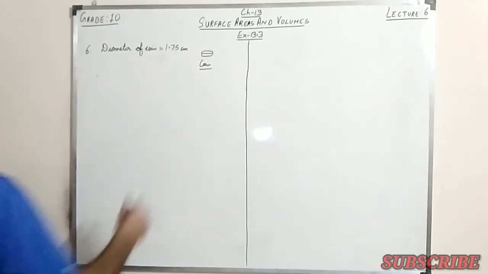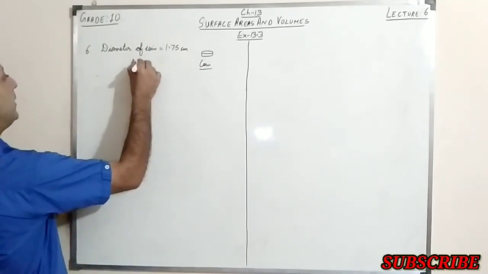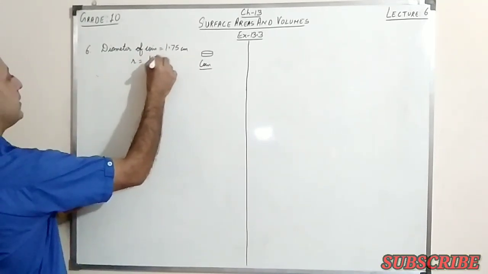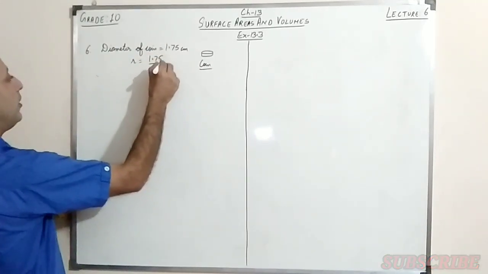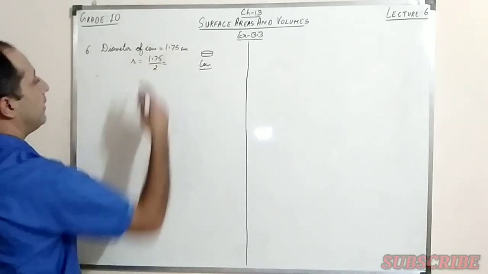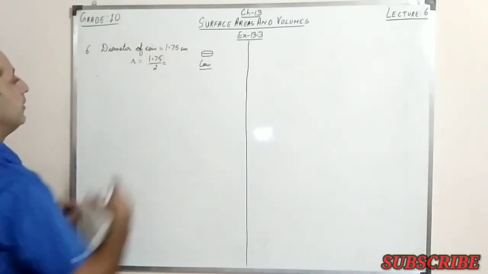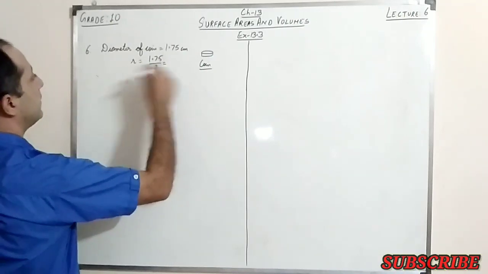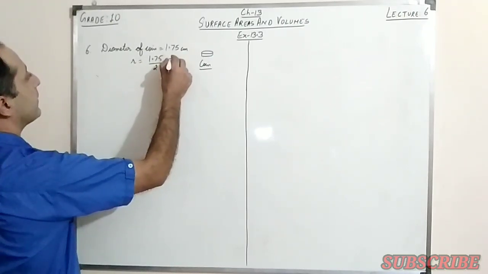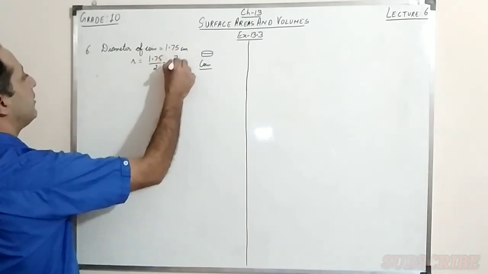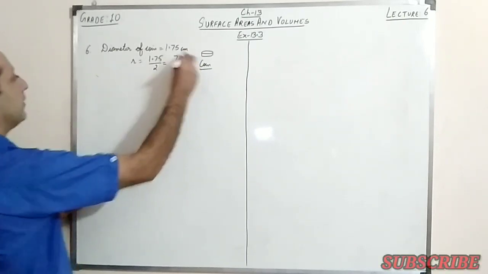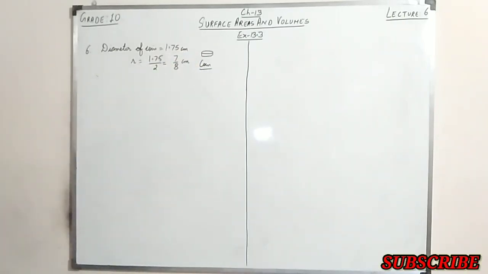And the thickness, so from here the radius will be basically 1.75 upon 2. So if we simplify after removing the decimal, right? Actually this will be 7 by 8 centimeter. Right?